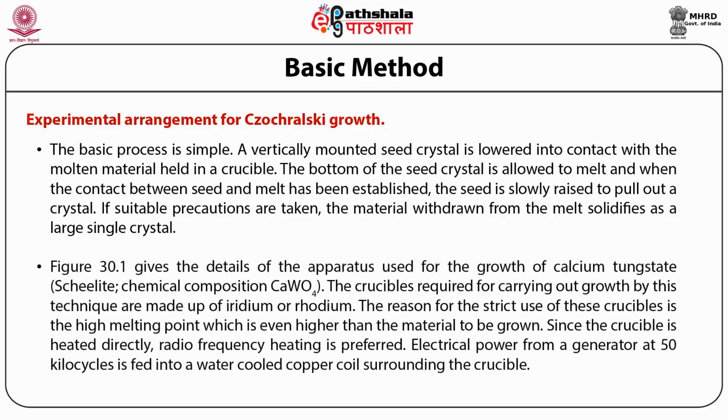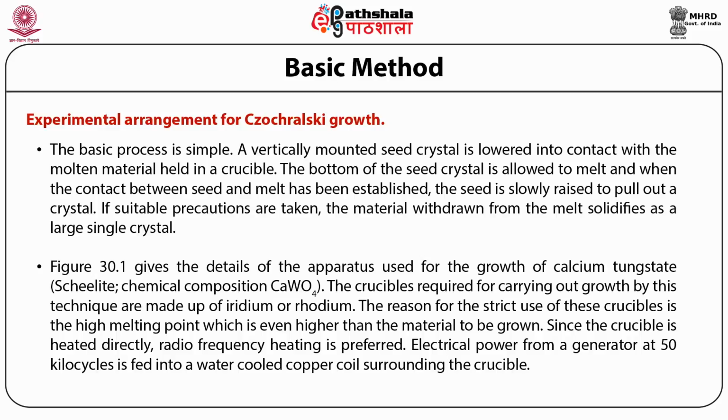Figure 30.1 gives the details of the apparatus used for the growth of calcium tungstate, that is scheelite, with a chemical composition CaWO4. The crucibles required for carrying out growth by this technique are made up of iridium or rhodium. The reason for the strict use of these crucibles is the high melting point, which is even higher than the material to be grown.